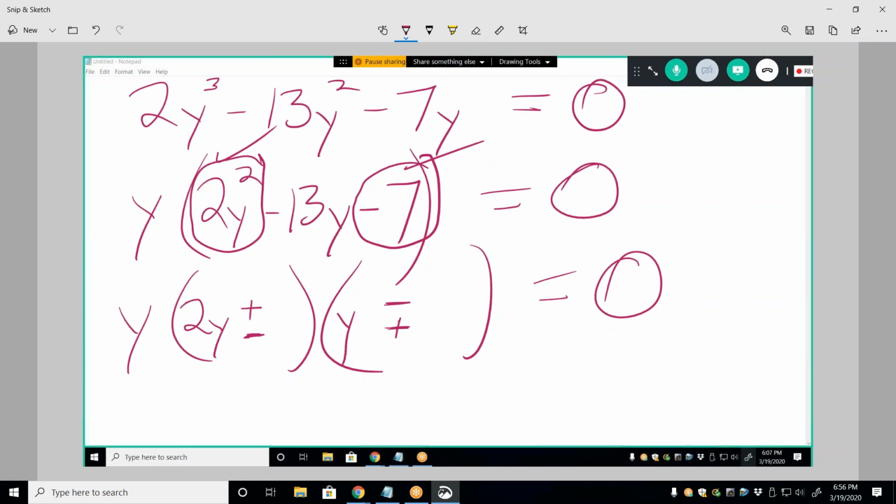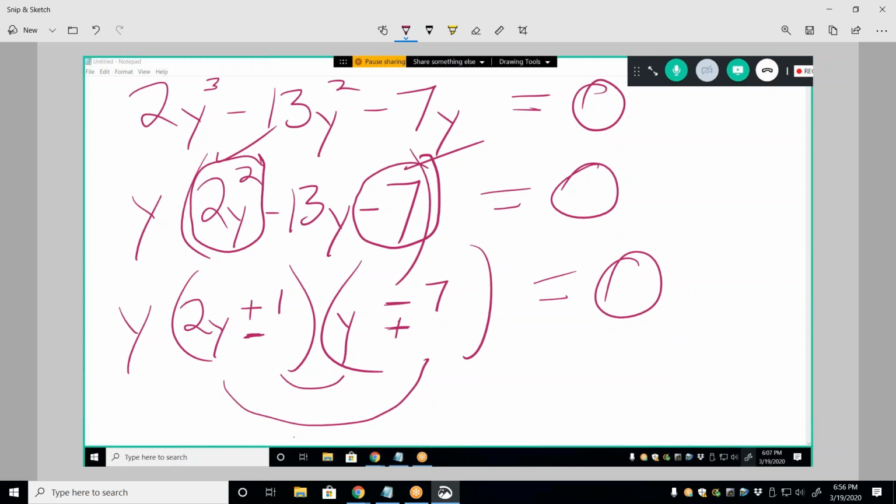So if you put 7 there, then it's 14y and 1y, which would give you the -13y. There's no point in trying what I just did because I know it gives me the same number, different sign, and I don't have the number. So I switch the numbers, and that gives me the -13y.